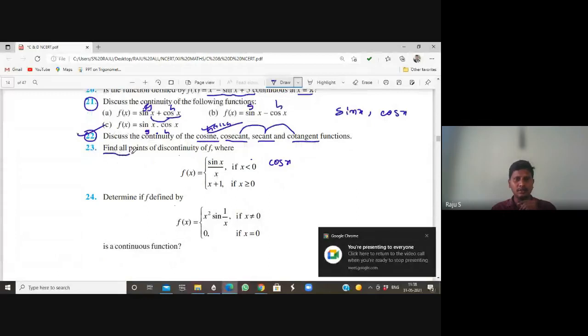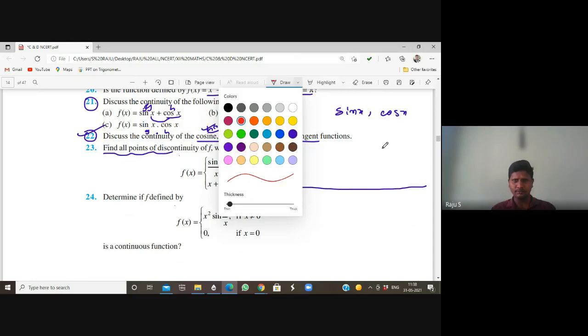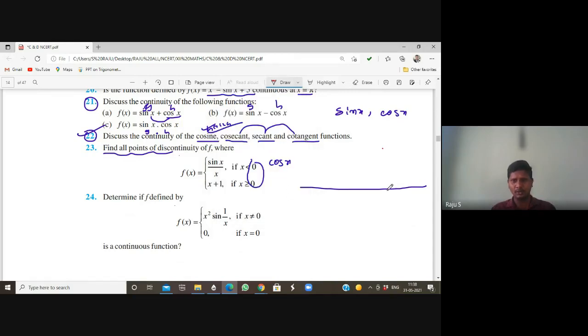Coming to the 23rd, here they have given two different cases. Again, we can do this question like the previous questions, like the 14th and 13th questions. See, if you draw the real line, the particular point is 0, x equal to 0. There are three cases.